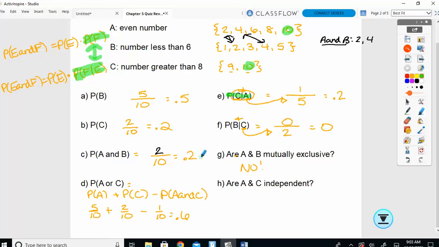We found the probability of C given A. If they're independent, that would have to be the same as the probability of regular C. Are those numbers the same? Yes, so they are independent. What was the one where it has to equal 0? Mutually exclusive means the and has to be 0 because they can't both happen.